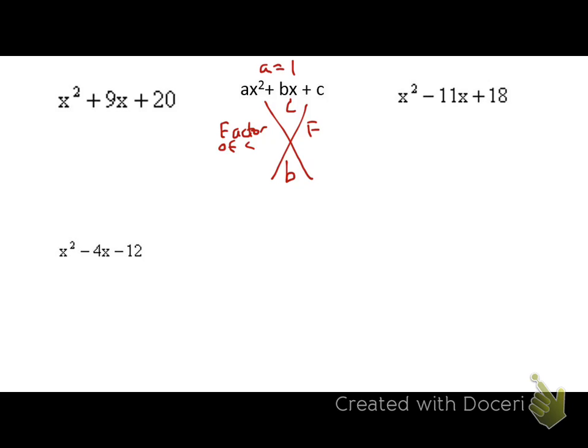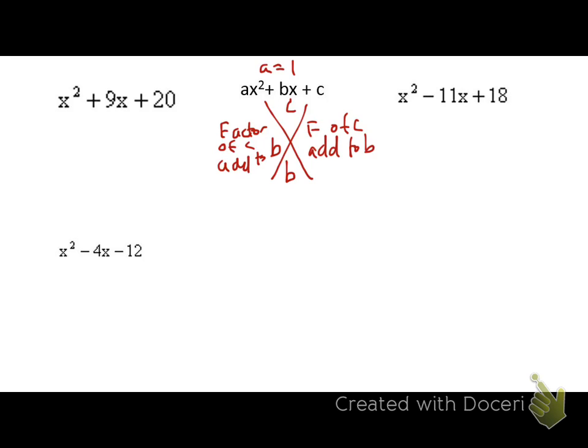Again, over here, the factors of c. They're also the factors of c, but they also add to b. And you have that on your chart, you don't have to write this.